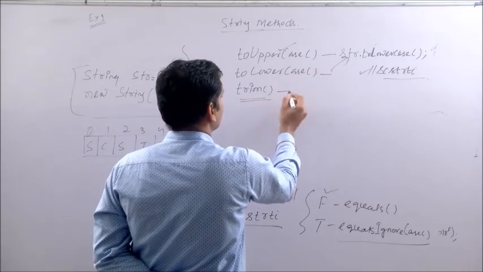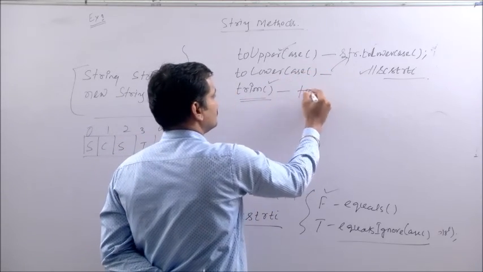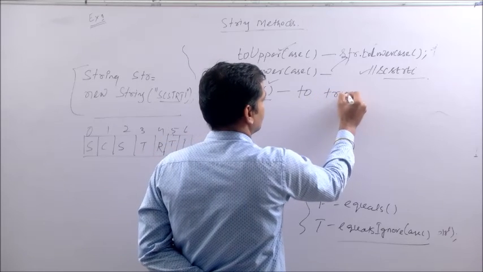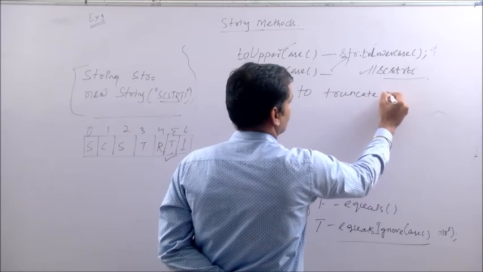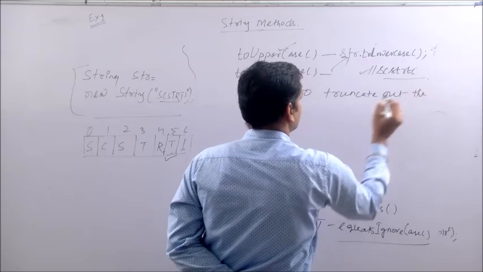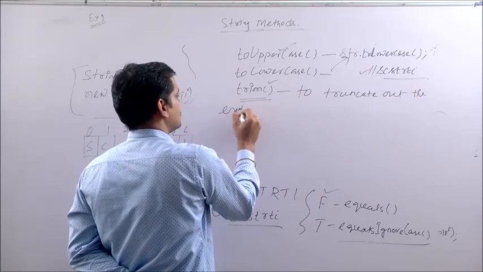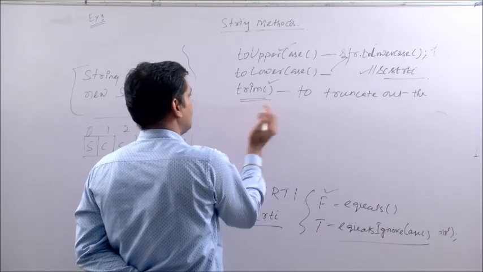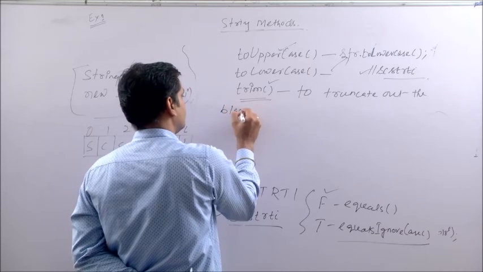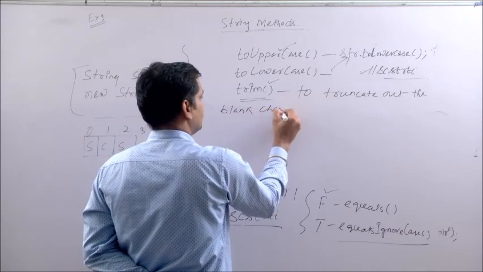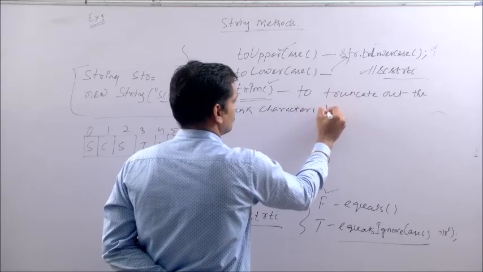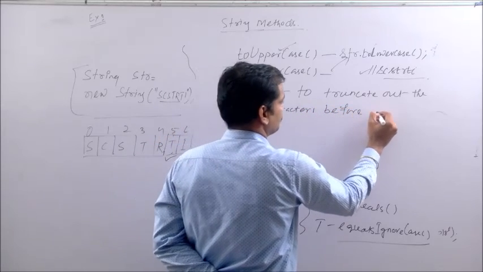And trim, this method is used to truncate the extra spaces, the blank characters, before and after the string.